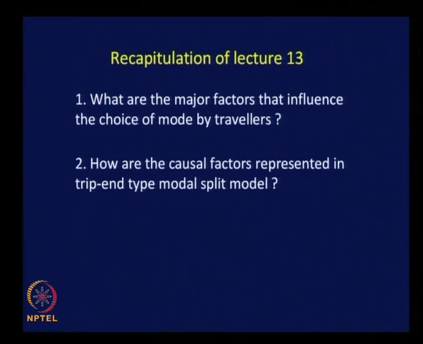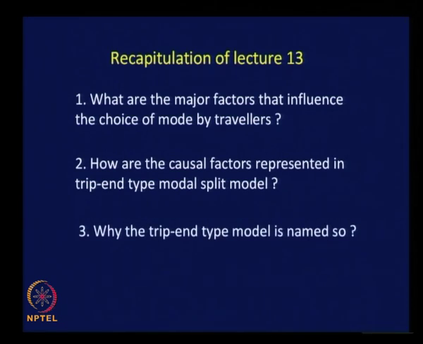The next question is this: why is the trip end type model named so? Why should it be named as trip end type model? Any response? Trips are ending where? Ending at traffic zones.